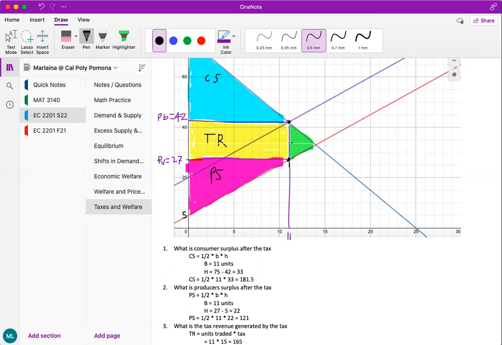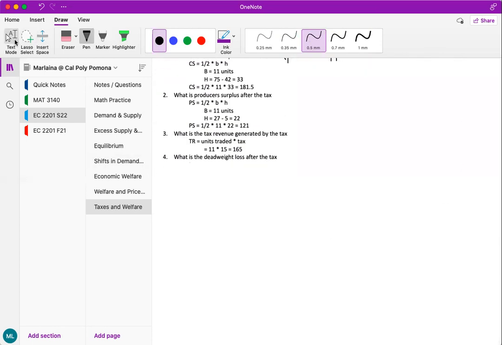And then for our base, we just have to find this point along from the tip to this side here. This space is the difference between the quantity at equilibrium and the quantity being traded after the tax. To find it algebraically, you're just going to set the demand curve equal to the supply curve and solve for Q. On this graph, I'm able to read that this is going to be 14. And I did check it algebraically earlier.